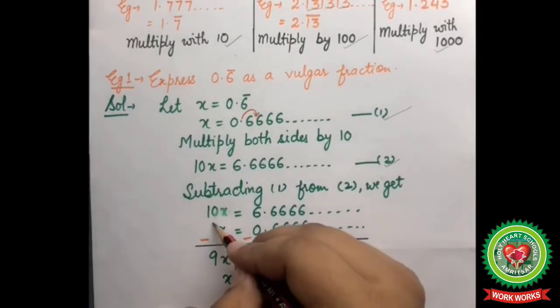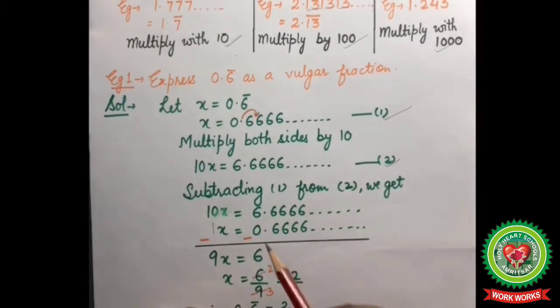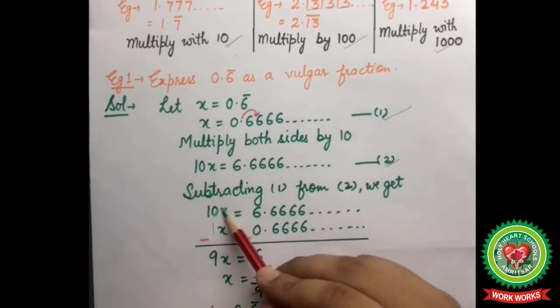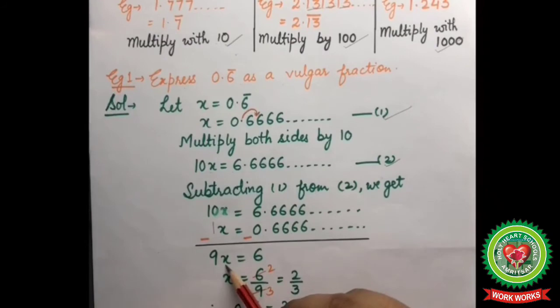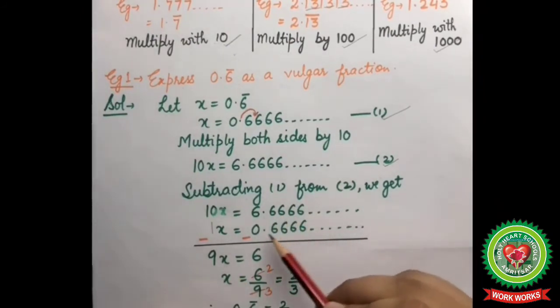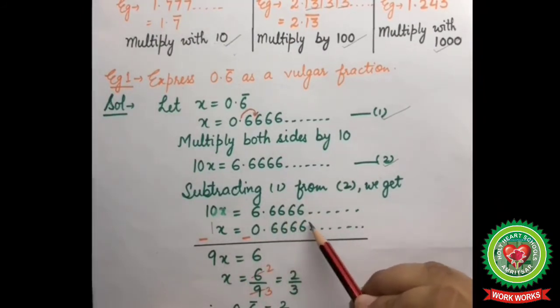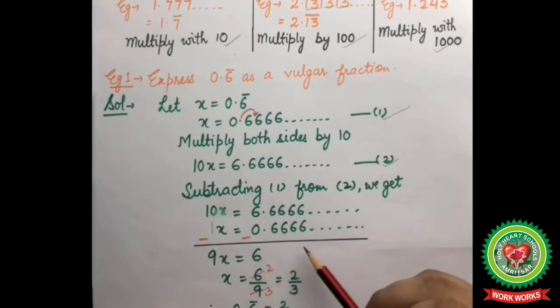Now x means 1x. So when we subtract 1x from 10x, we get 9x. The 6.666 minus 0.666 will give us 6.00, which we have just written as 6 only. So we have got 9x is equal to 6.